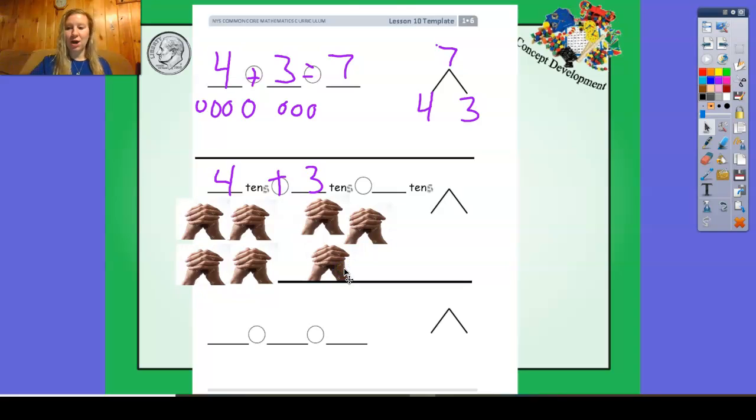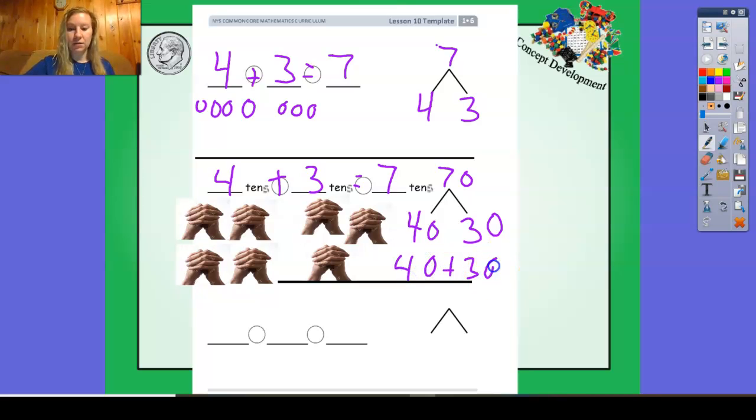So I want to know how many tens I have. If I add them together, 1, 2, 3, 4, 5, 6, 7. I have 7 tens. And a way of saying 7 tens is 70. So my whole is going to be 70, and my one part is going to be 4 tens, or 40, and 3 tens, or 30. So I would say 40 plus 30 equals 70.